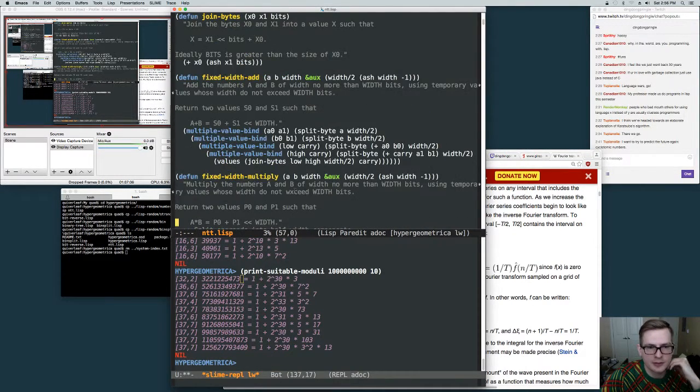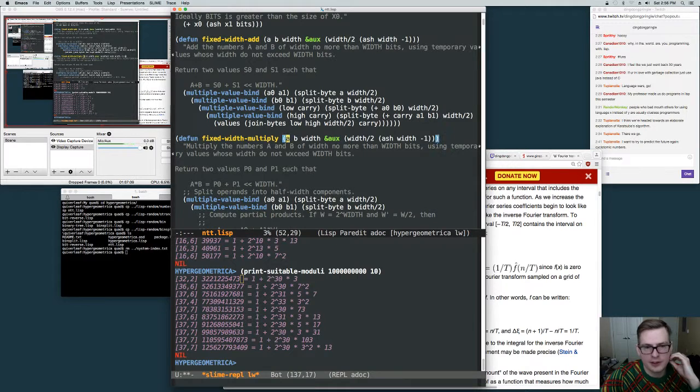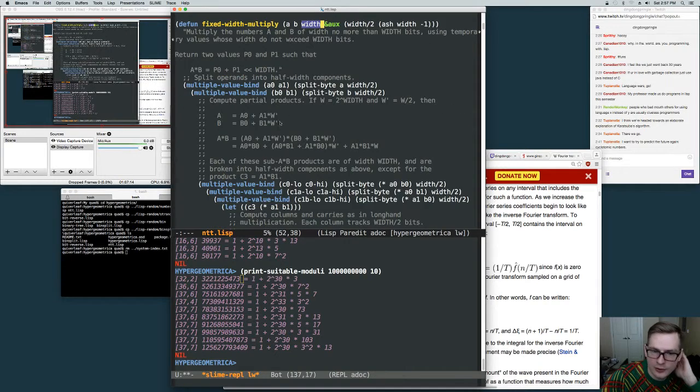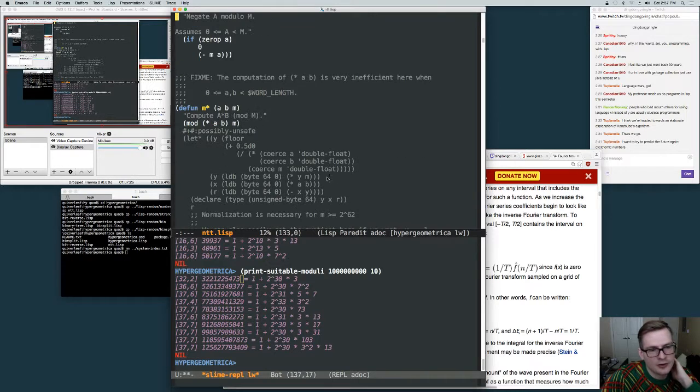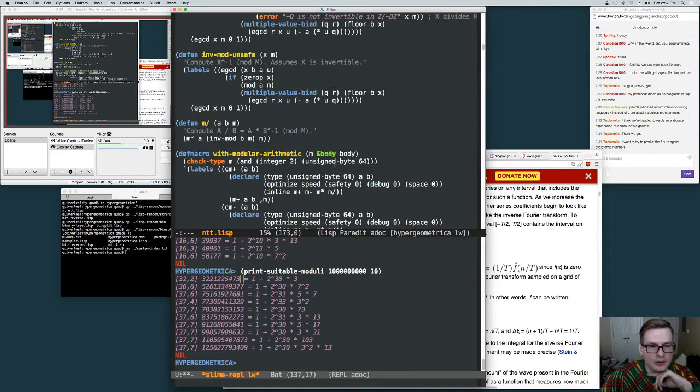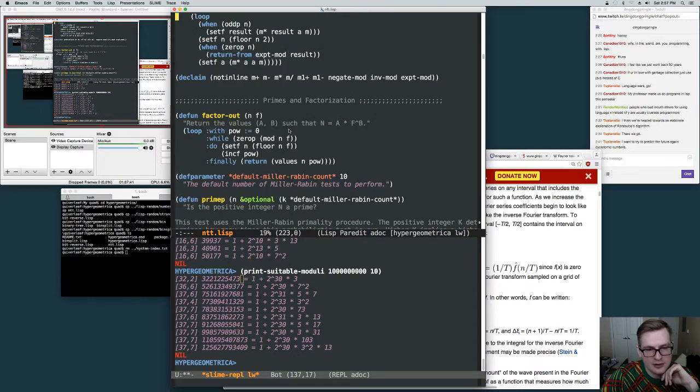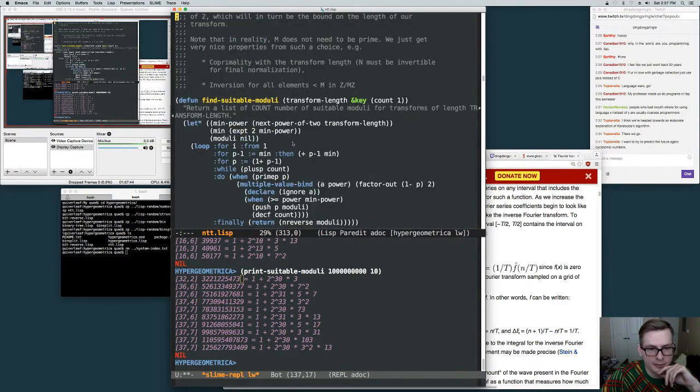I started implementing it better by doing fixed width multiply, meaning if you have 2 numbers a and b and you have a limit of width bits, then this will do the multiplication and ideally return 2 values, one being the high order bits and the other being the low order bits. But until that's implemented, we have this issue of overflow. So this puts a limit on the base that we can select for our arbitrary precision numbers. I don't think it's worth going into too much detail about that right now, but it's important to note.